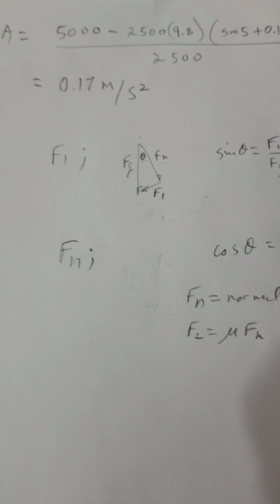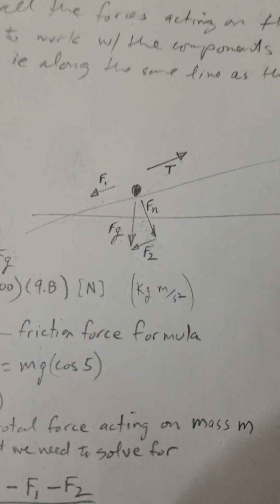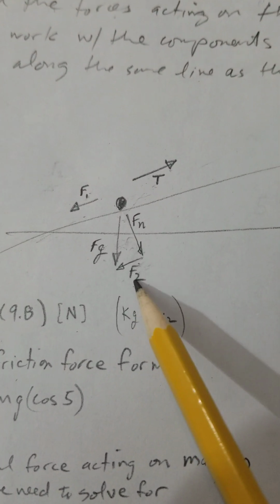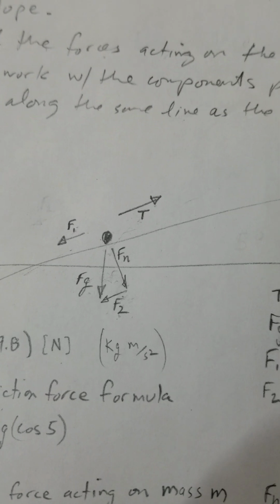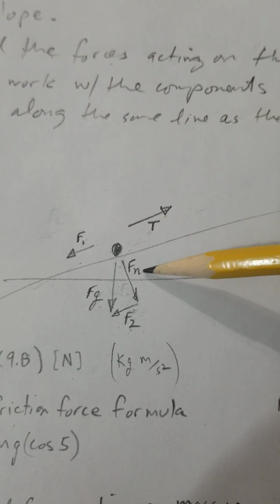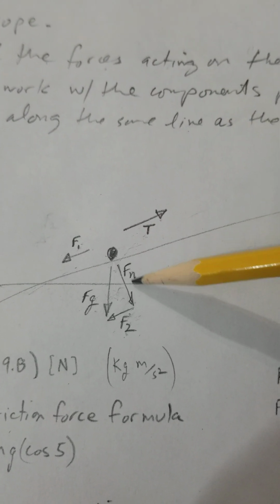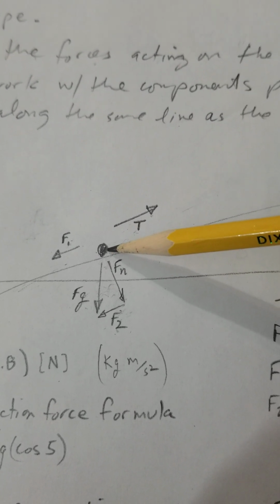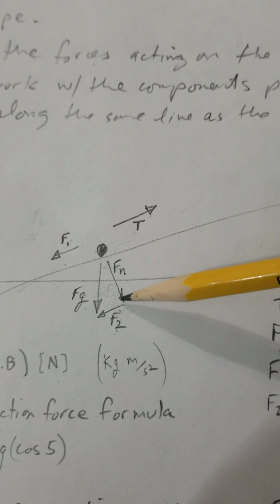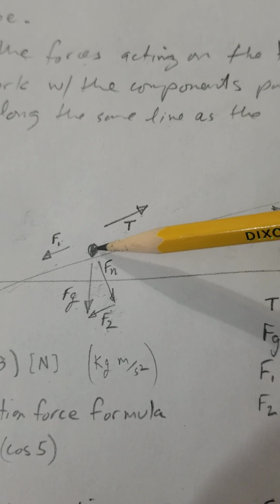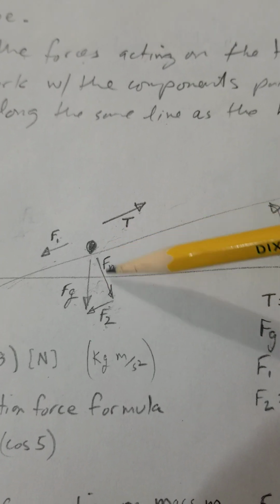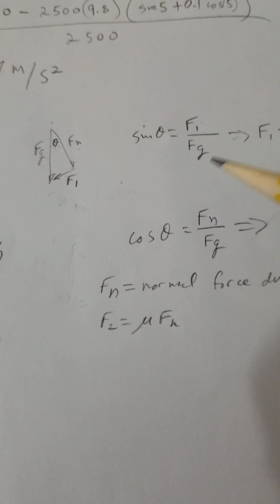The other force that's parallel to the road is the frictional force, F2. To get F2, first I have to calculate Fn. Fn is the force normal to the road from gravity and this mass.